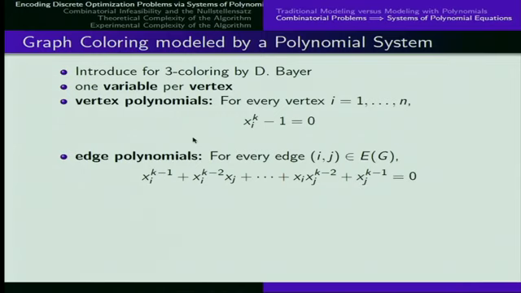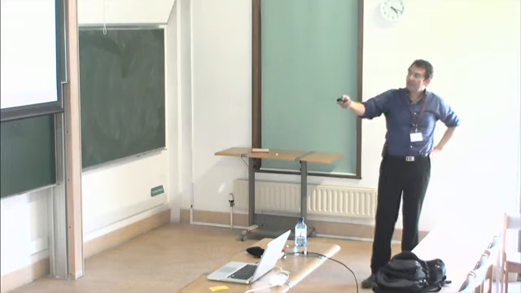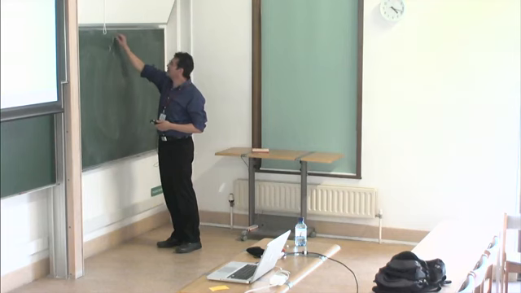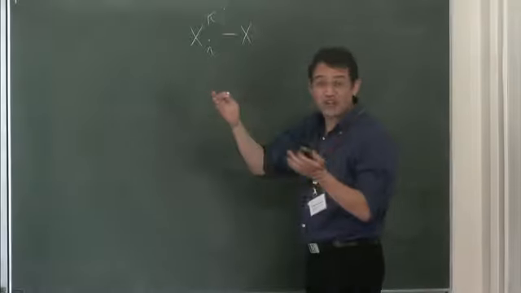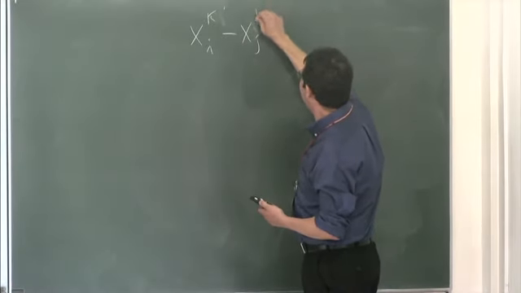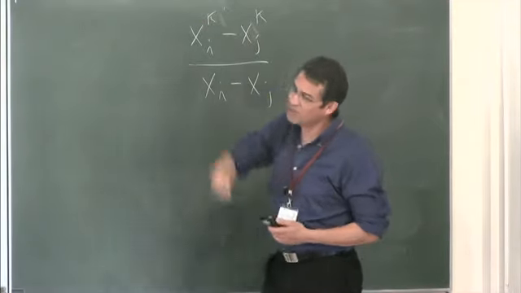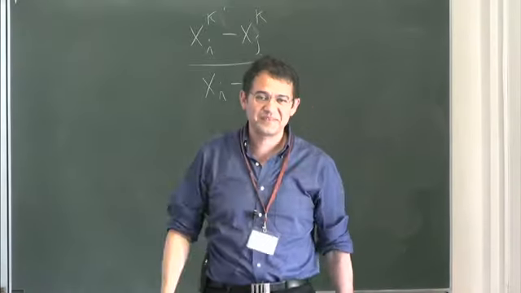The edge polynomial is just the sum of these, with variables xi and xj because i and j are adjacent to each other. So you have xi to the k minus 1, and all of these monomials are of degree k minus 1. And I'm sure you recognize that this polynomial is nothing else than this rational function that you know. This is an easier way to write this polynomial.